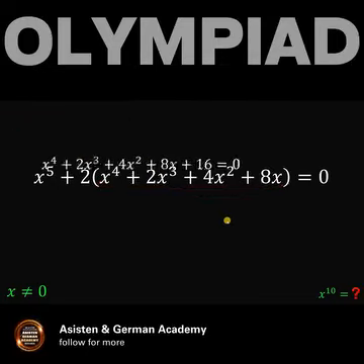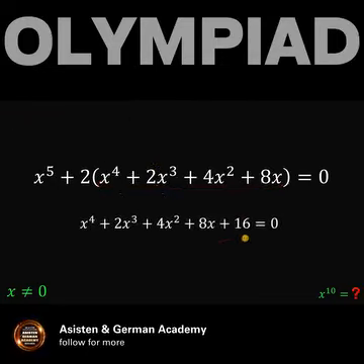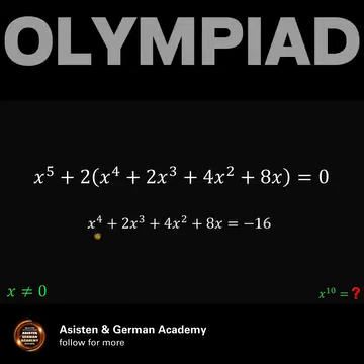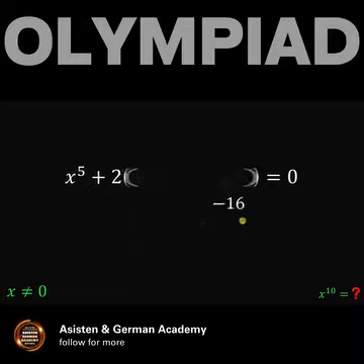So now let's get this equation, and why not? Let's subtract 16 on both sides, and if we do that, we get the value of x raised to the fourth power plus 2x cubed plus 4x squared plus 8x must be equal to negative 16. So we can replace the whole expression right over here with its value, negative 16.